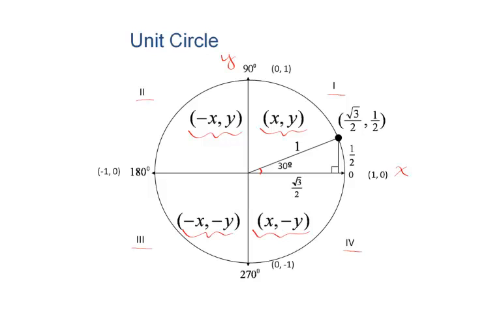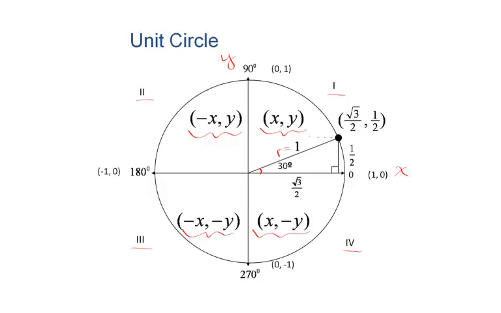We know that we can reflect things around the surface of this unit circle. R is still 1. We're still in the unit circle. And so we can use the unit circle to help us find other angle measures besides 30 degrees, just like we did 45 and 135 and 225 and 315. You can do the same thing here.